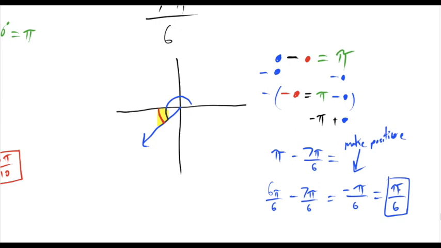Reference angles must always be positive, and they must always be between 0 and 90 degrees, or in the radians case, between 0 and pi over 2. And pi over 6 is between those two values.